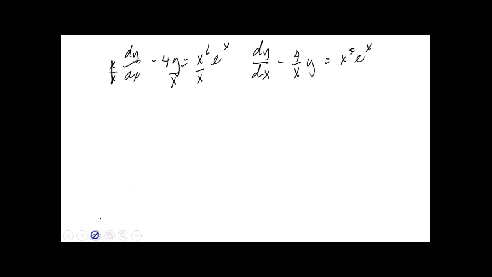Just to keep it from being confusing, let me clean that up a tad. That's the form we're going to use, your standard form. What's the first thing you look for? Your p of x. And what is it? Negative 4 over x. Perfect.